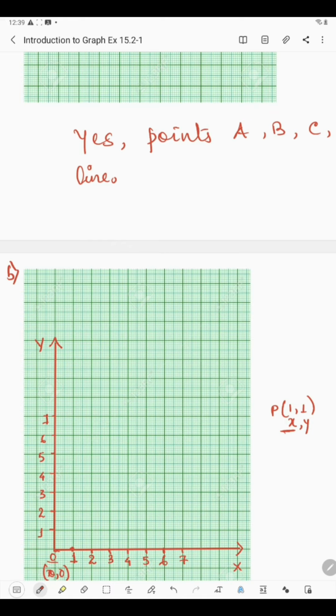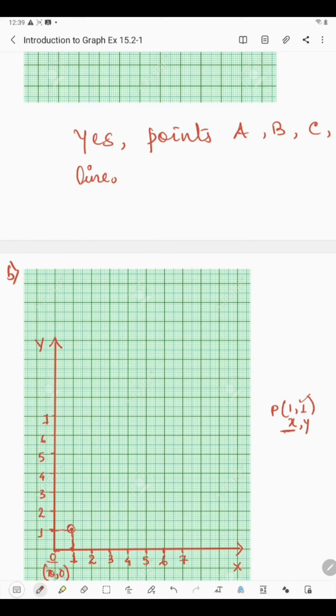Fine. Now you will have to put the value of y, so you need to go up and look at the y-axis. So here is 1. We'll draw a line here, and here is 1, we'll draw a line here. So 1, 1 is here. Okay. Here the value of x is 1 and the value of y is also 1.